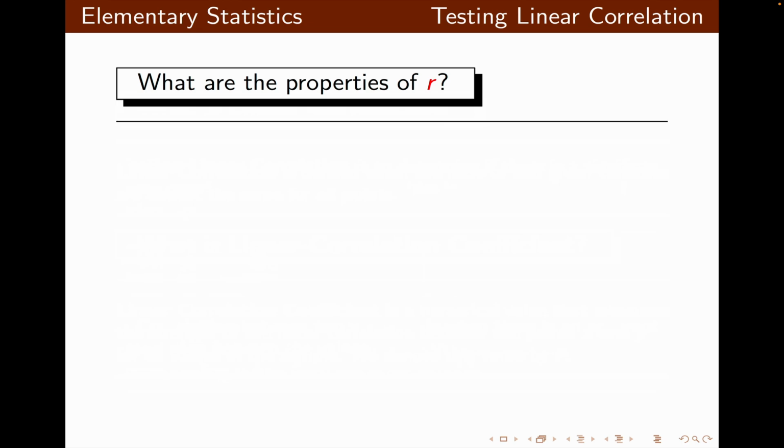What are the properties of the linear correlation coefficient r? Well, r will always be between -1 and 1 inclusive.